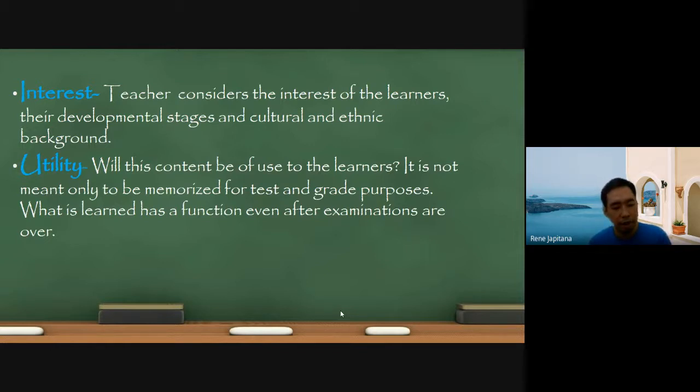Students aged 15 to 17 have different interests, and when our students are 5 to 8 years old, they also have different interests. So we need to consider the type of learner that we have in the class. And of course, we also consider the cultural and ethnic background of the learners that we have.